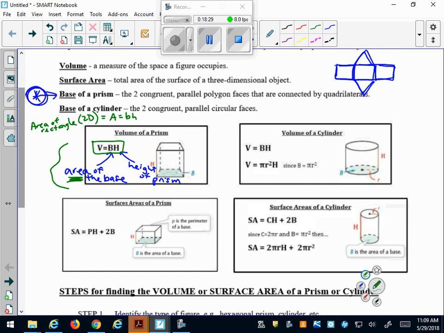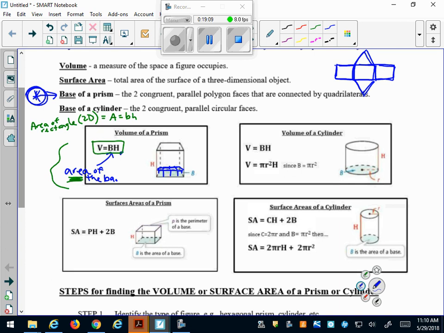Now, if you could picture this, if I could put little boxes along the whole bottom, right, so that there's little cubes in here, that is going to be a measurement of volume. Cubic units. How many cubes can we fit inside this three-dimensional object?